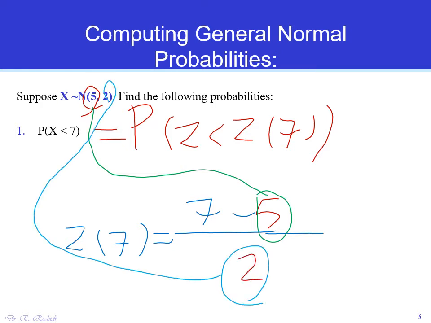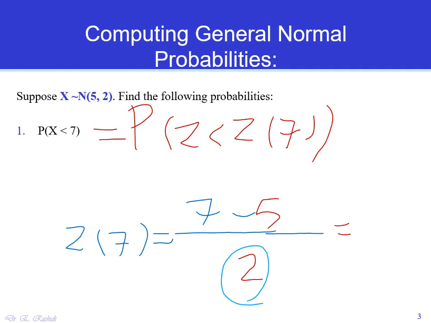If we solve this, 7 minus 5 is 2, divided by 2, which is equal to 1. So the probability that x is less than 7 is equal to the probability that z is less than 1.